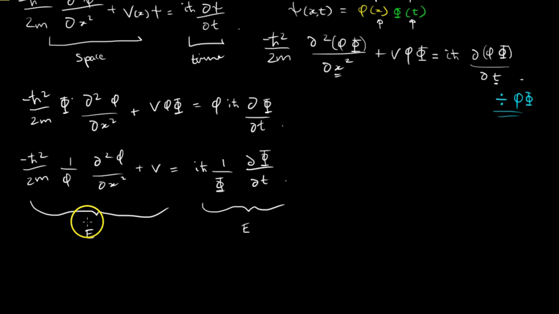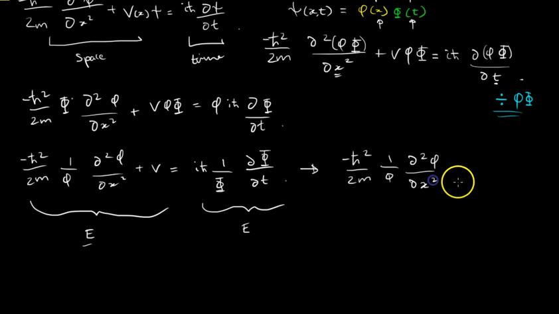So, if this is equal to E, and this is equal to E, then E satisfies the equation, right? So now, if we just rewrite what I just said, that we separate the left and right side of the equations into our separation constant E, we get negative h bar squared over 2m, and then 1 over phi d squared phi over dx squared plus V is equal to E. Fair enough.